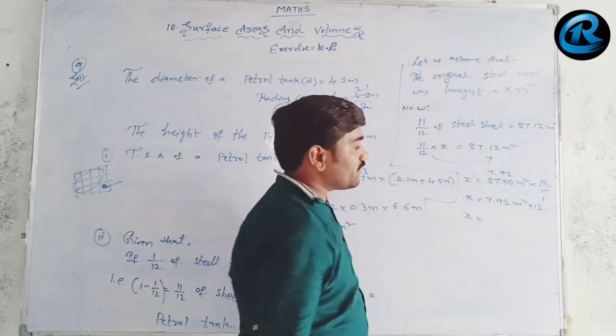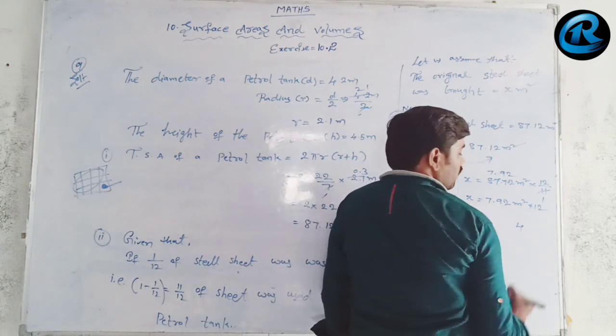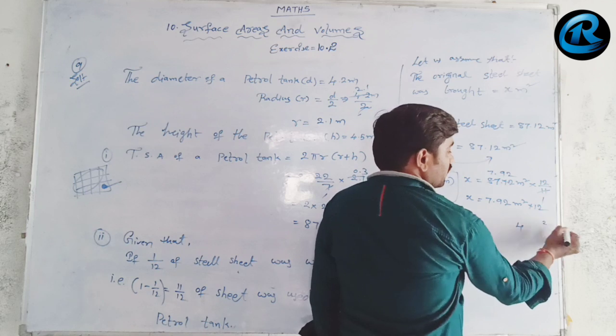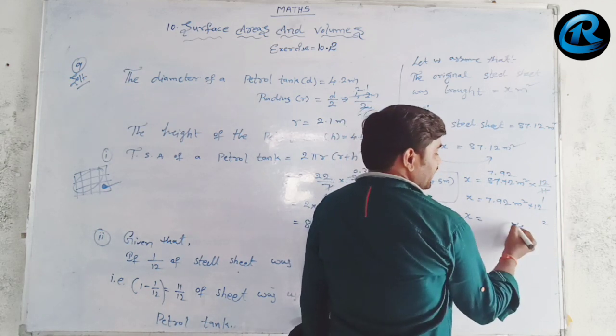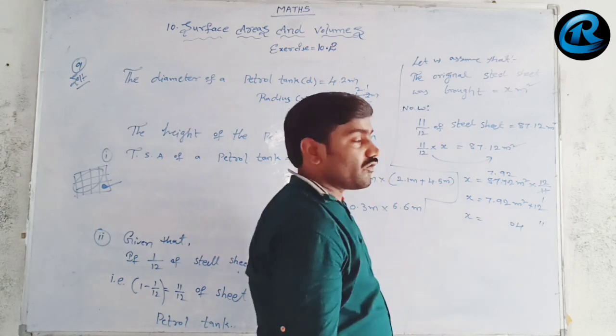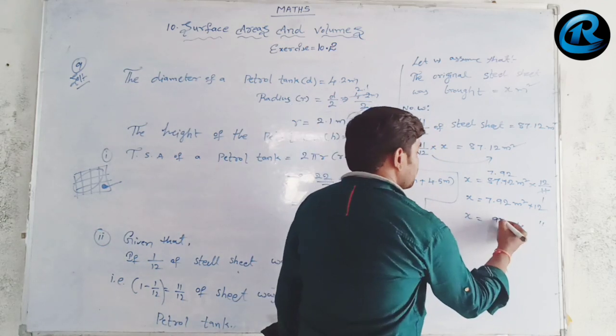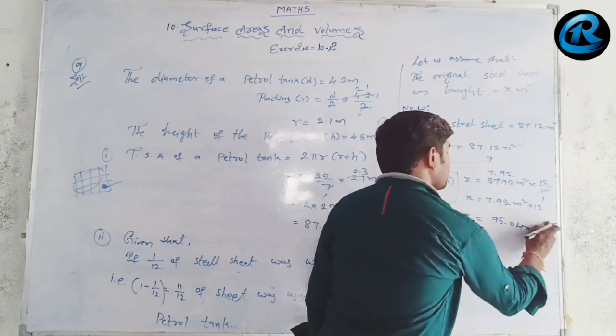Now you multiply both. 12 twos are 24, 2 carry. 12 nines are 108, 110. 0. 11 carry. 12 sevens are 84, 95. So 95.04 meter square.